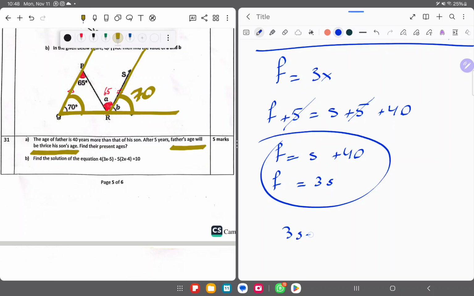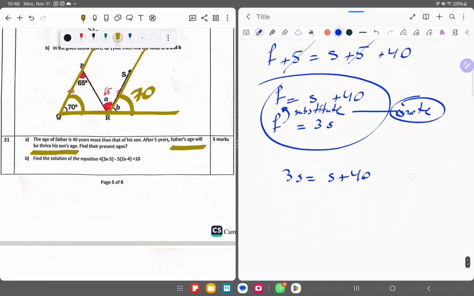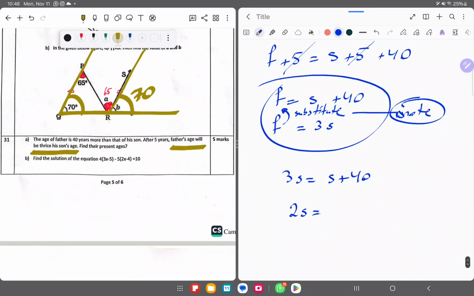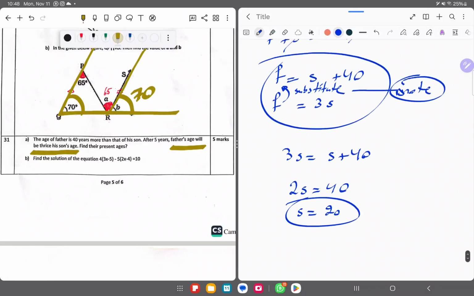Substitute. 3S is equal to S plus 40. 2S is equal to 40. S is equal to 20. So the son is 20, and the old man is 60.